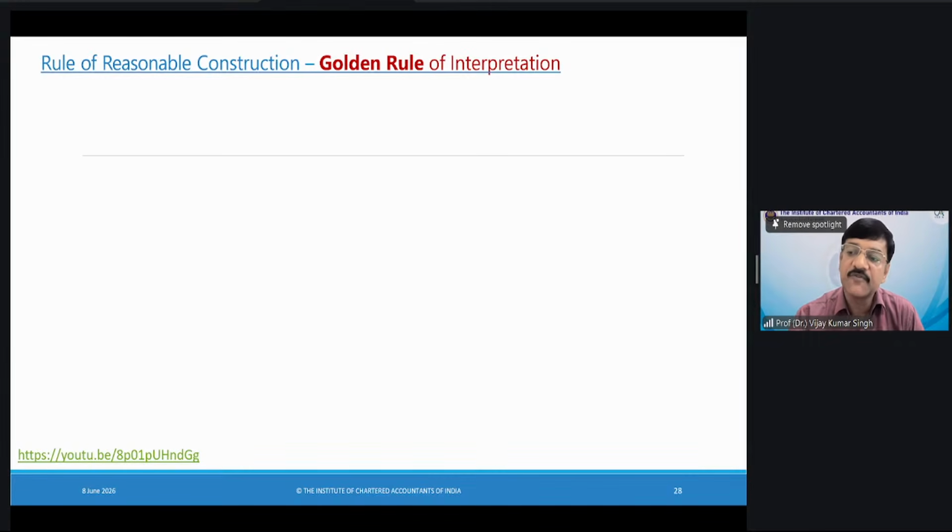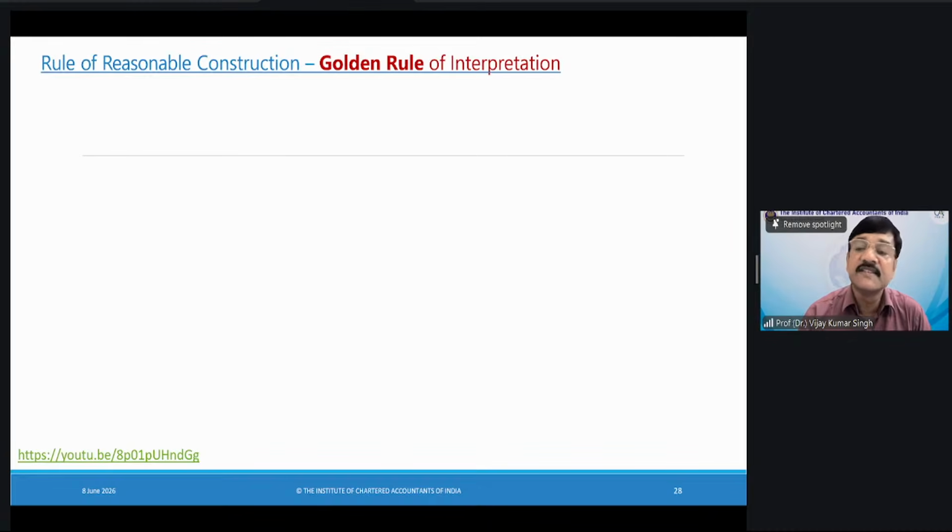You cannot supply any word or take away any word from there. You apply the meaning from a common man standard, or you apply only the ordinary meaning of the particular words. This is the rule of literal construction. You see it from the letter. Law must be read word to word. Very good, Sushmita. That is the meaning of the rule of literal construction.